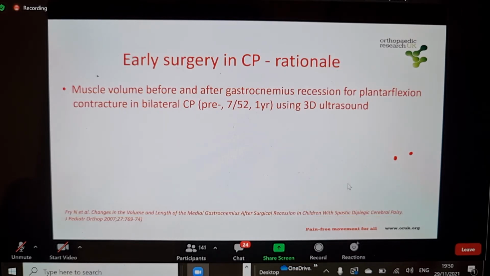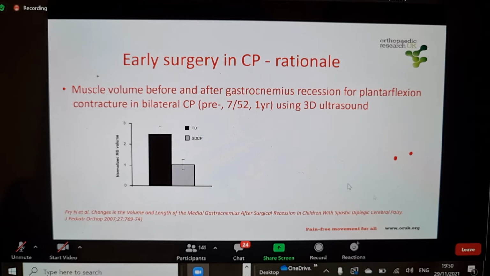So here's where the surgery comes in, because generally it is thought that surgery is a bad thing to do to muscles. This paper from Nicola Fry and colleagues really illustrates the point. If you take typically developing kids and compare them here with kids with cerebral palsy, the lighter color, and you measure the volume of their medial gastrocnemius, it's less than half the volume of what it should be. These are small muscles. This was measured by ultrasound. Now, these patients then underwent surgery, which is generally considered a destructive thing to do to muscle.